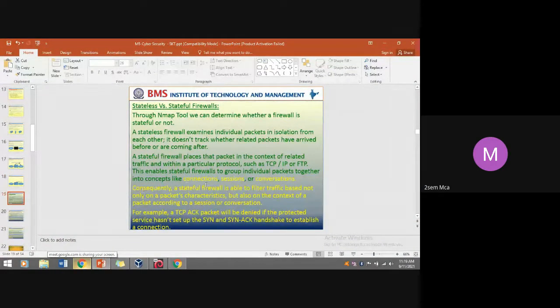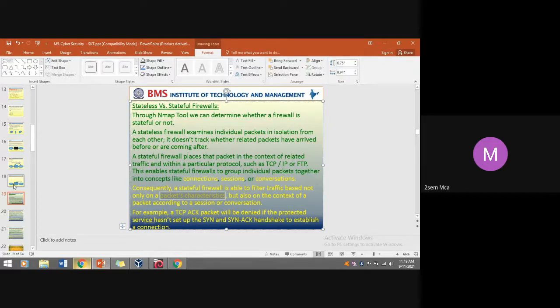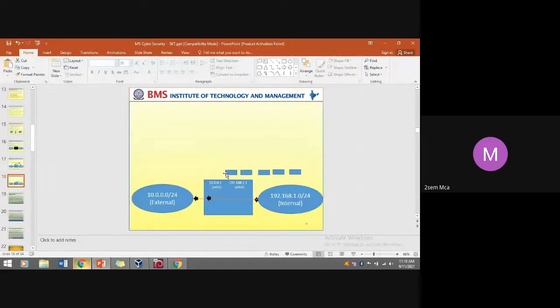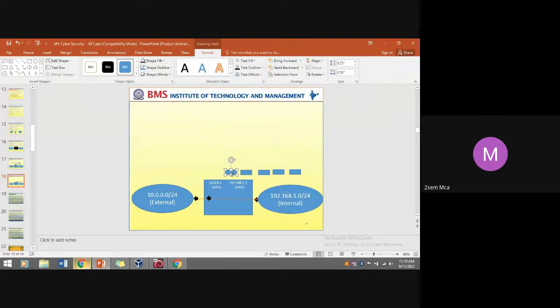So consequently, a stateful firewall is able to filter traffic based not only on packet characteristics. The stateful firewall is not only checking the packet header, the content, TCP/IP port number, address, source, destination.